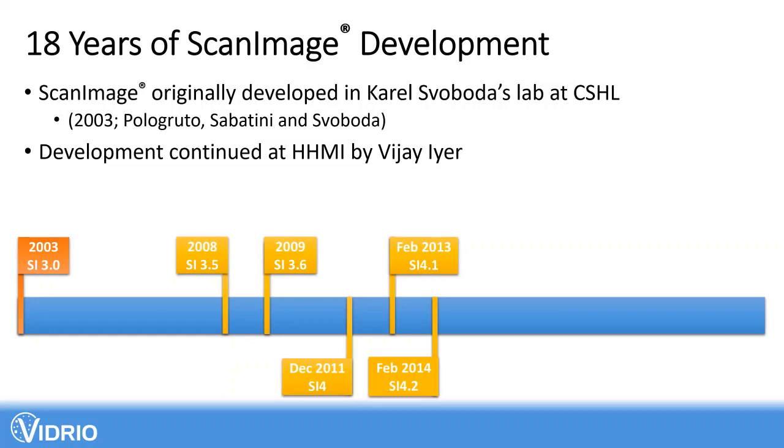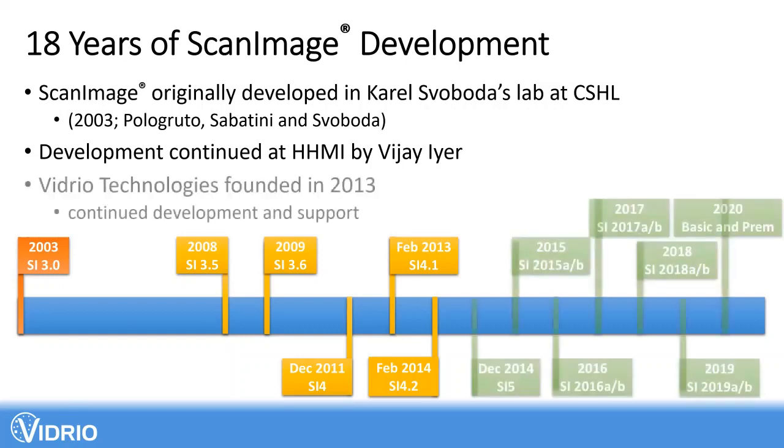In 2011, the first resonance scanning application was developed. This was done a lot by Vijay Iyer, who actually is one of the founders of Vidrio back in 2013. It was called SI4. So linear scanning and resonance scanning were in separate applications up until that point. And Karel and Vijay, I think, would say that they made a mistake, because SI4 was only compatible with this Thorlabs system, and it lost some of its flexibility as a result of that.